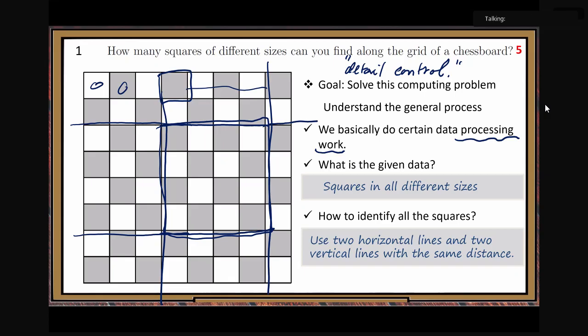How many horizontal lines do we have? Counting, how many horizontal lines? Is it 8?